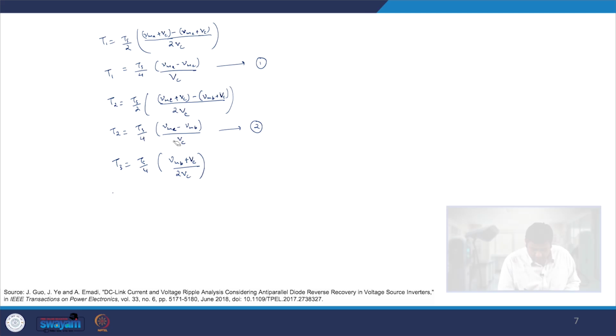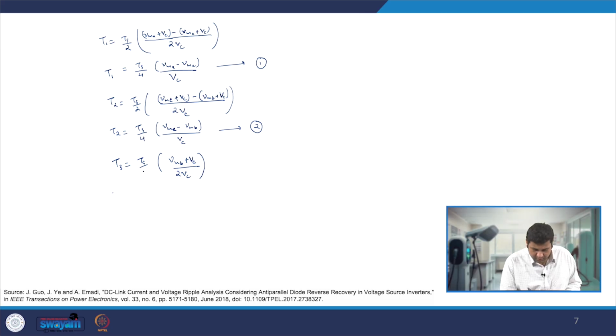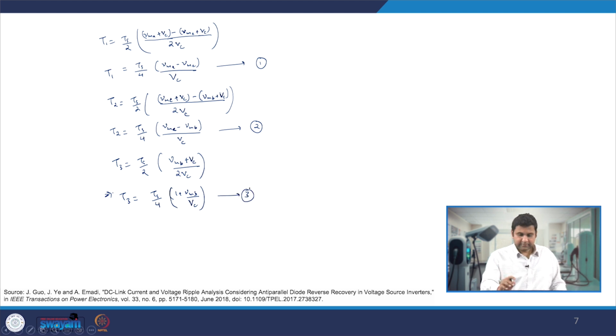This is nothing but 4, this is 2, and we can write T3 as Ts by 4 times 1 plus Vmb by Vc. You can say this is my duration T3. Now this gives me my T1, T2, T3, and then I can also calculate my T0.